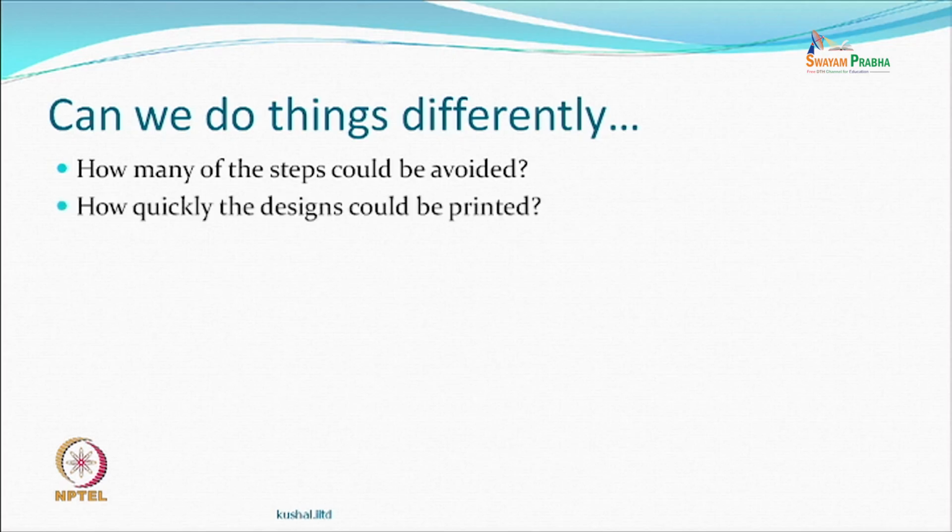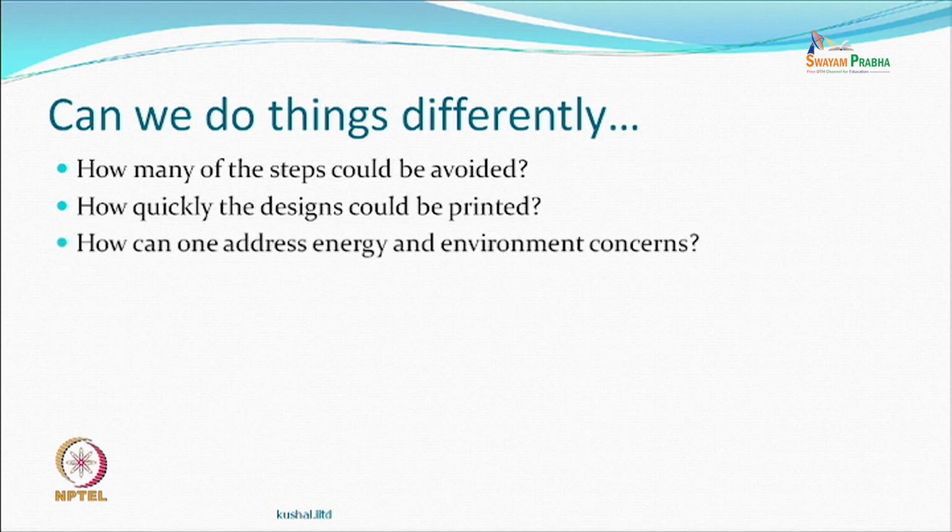Then you may be interested in the design. If somebody says, well, I want to see a few designs, how quickly can you make a design and show it to the customer and get approvals? They are practical problems, and they have less to do with your thought process.